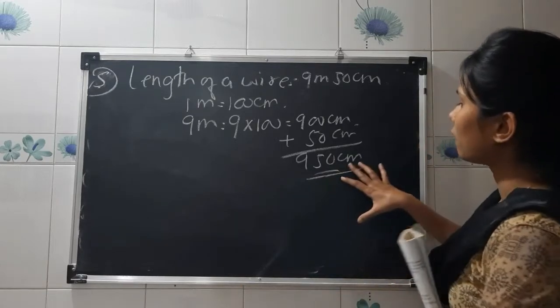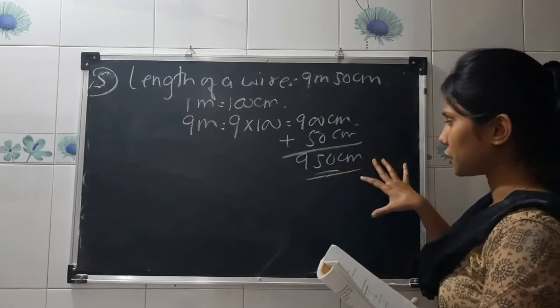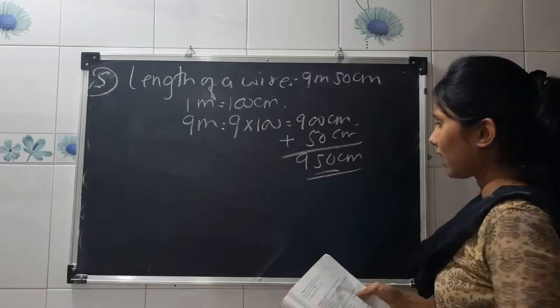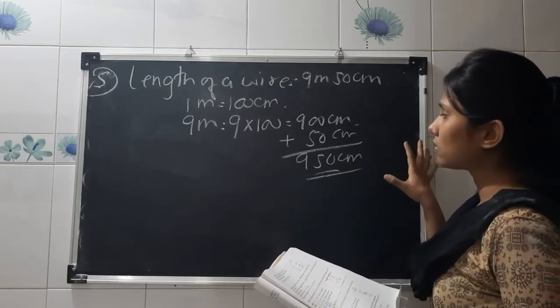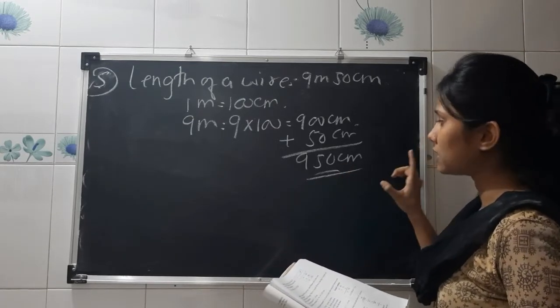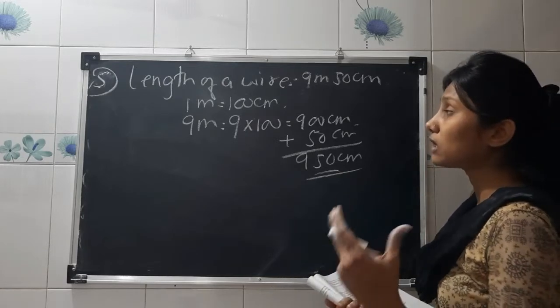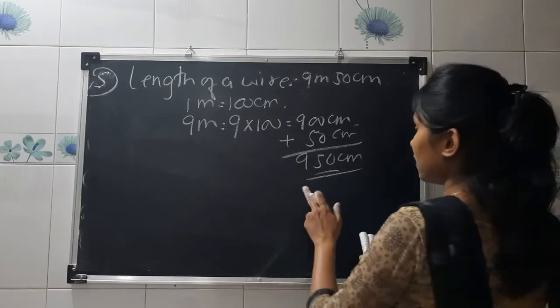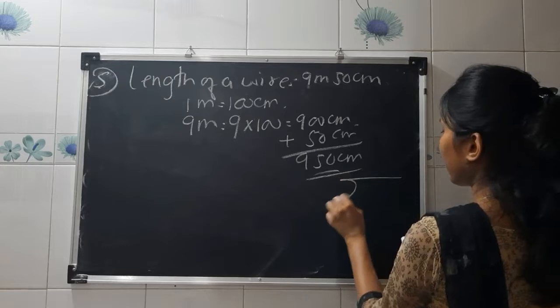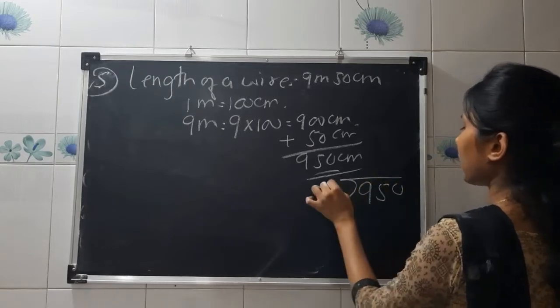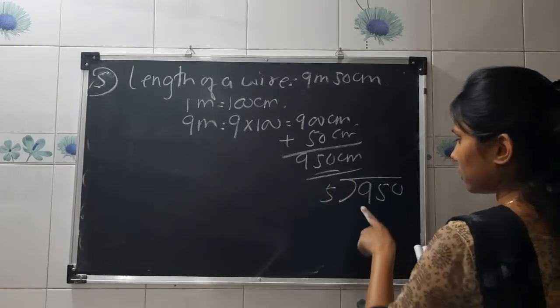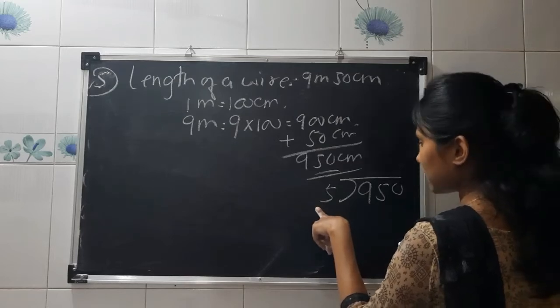Now we have 950 centimeter of wire. We have to cut it into pieces of 5 centimeters each and find the number of pieces. So we will divide 950 by 5.